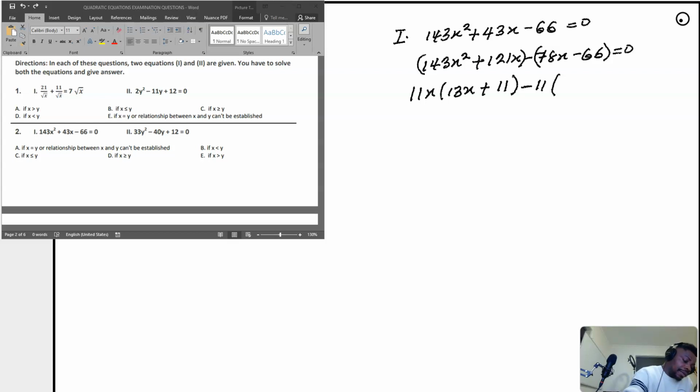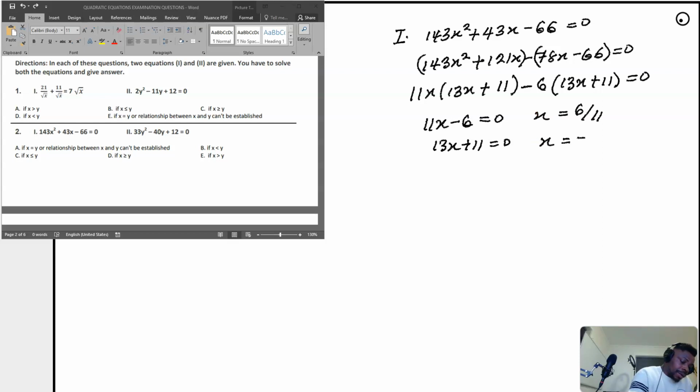That is 13. So 11x minus 6 is equal to 0, and 13x plus 11 is equal to 0. So x is equal to 6 over 11, and x is equal to minus 11 over 13.